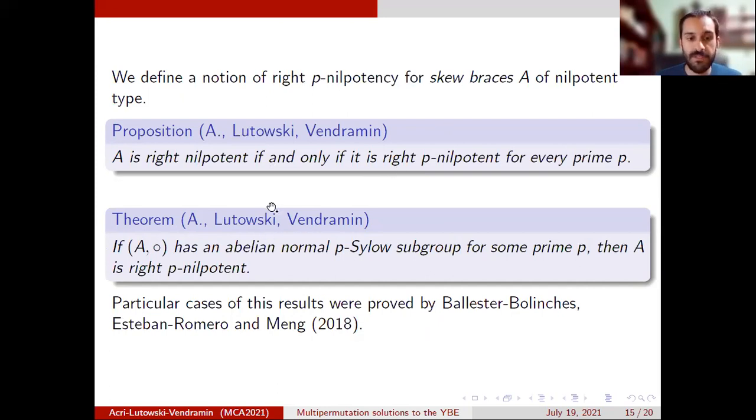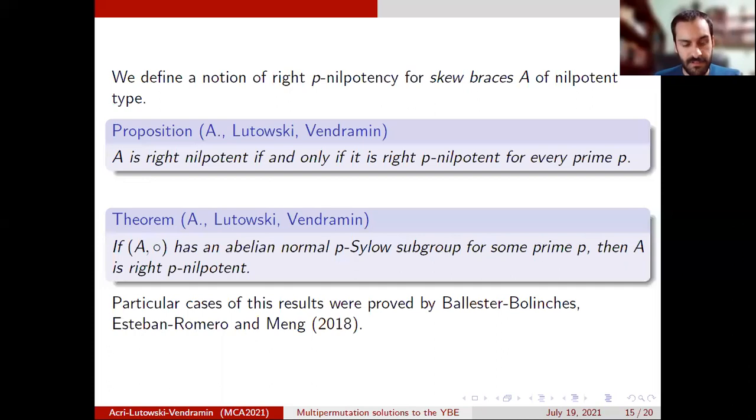And the next step is to have some criteria that ensures the right p-nilpotency. So we have this theorem: if the multiplicative structure of the skew brace has an abelian normal p-Sylow subgroup for a prime p, then the skew brace is right p-nilpotent. Some particular cases of these results were proved by Ballester-Bolinches, Esteban-Romero, and Meng.